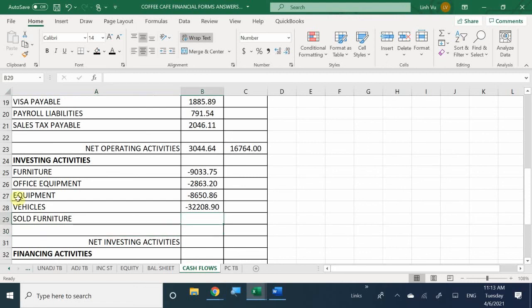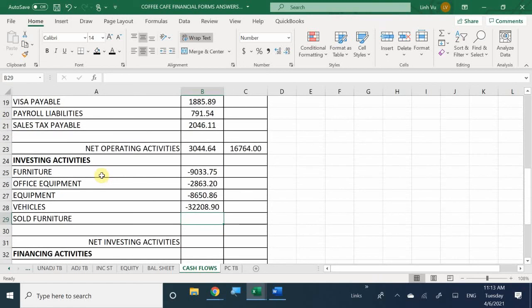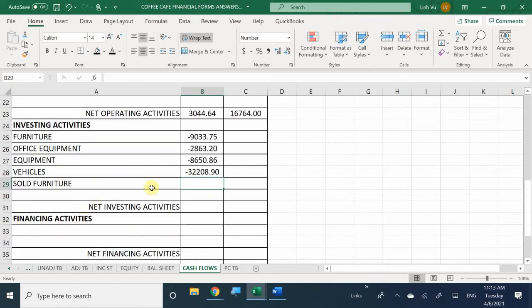That's why we have at the very top a loss on disposal of the asset, because we acquired it and then we sold it, right? And in this case, if you remember, we sold it for $2,000 cash.